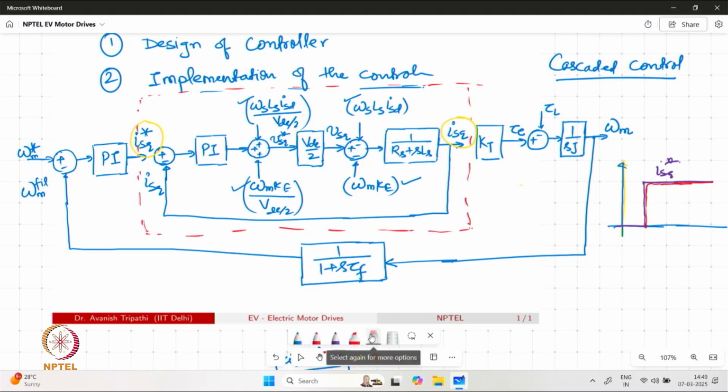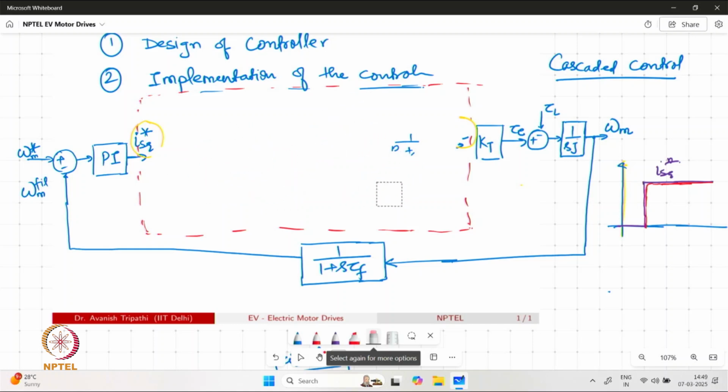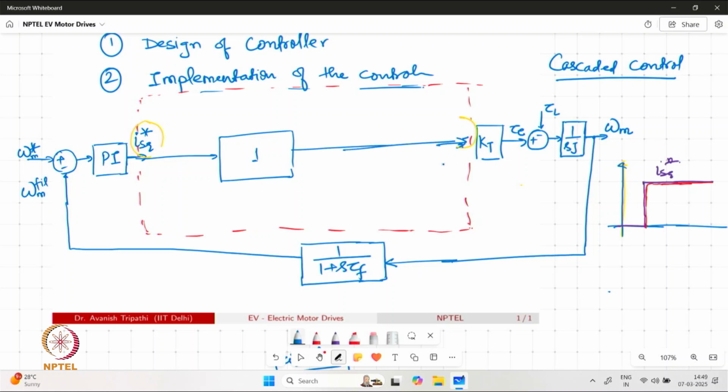So in effect, what we are going to have is approximately a unity gain block to be realized in place of the inner current control loop.